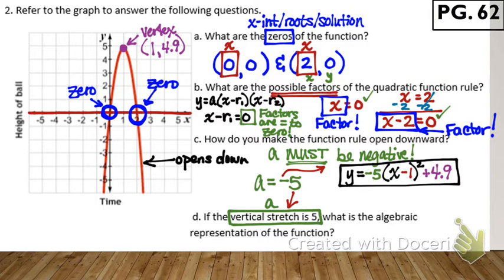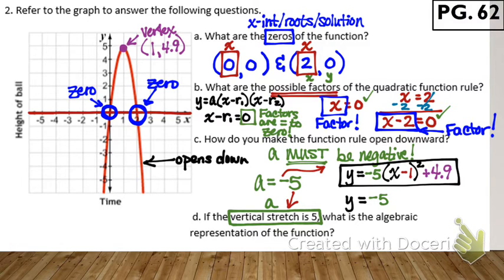We're going to write a factored form for this exact same parabola. Y equals, here's my form for factored form. It starts with A. So what should I use for A? Negative 5. And then we've got our two factors. Factors are equal to 0. What are the two things over here that I have that are equal to 0?